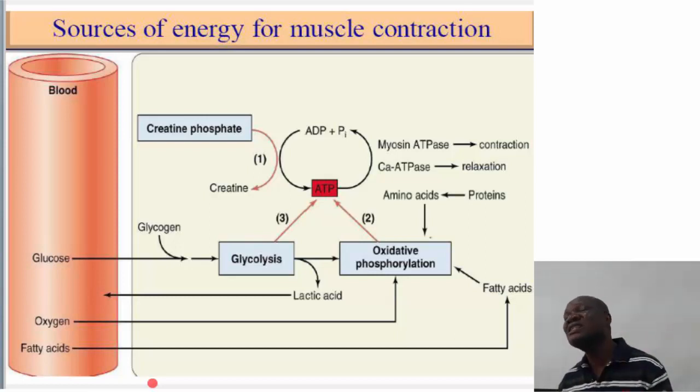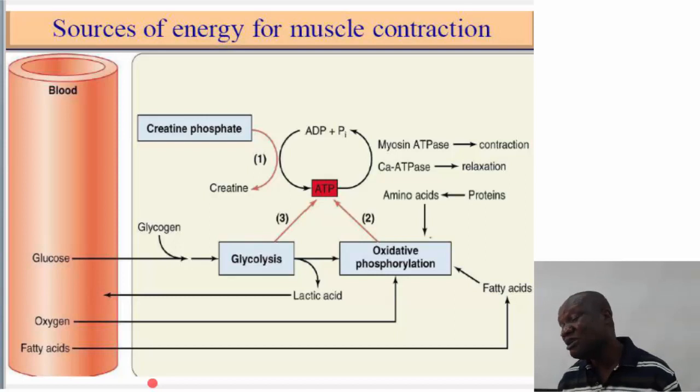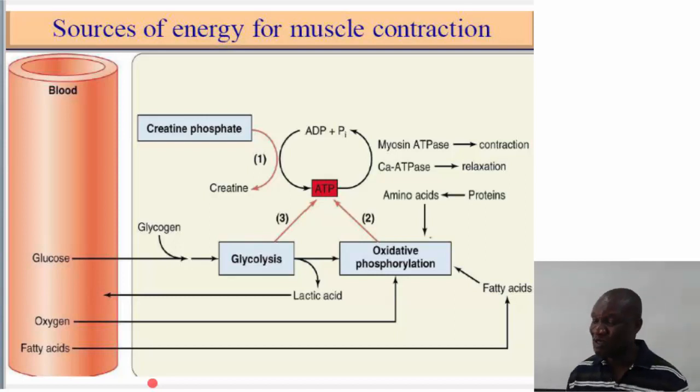Just when exercise starts, creatine phosphate will be producing most of the energy, but within a short time, the glycogen pathway will be producing most of the energy. But as the process goes on, then cellular respiration will be producing most of the energy.